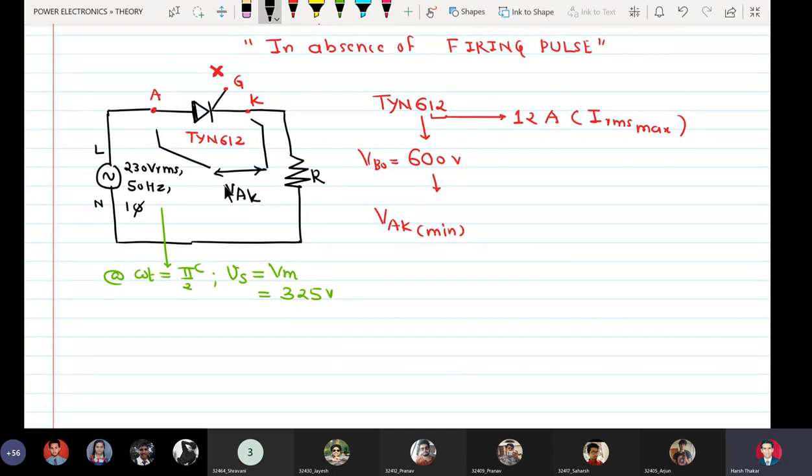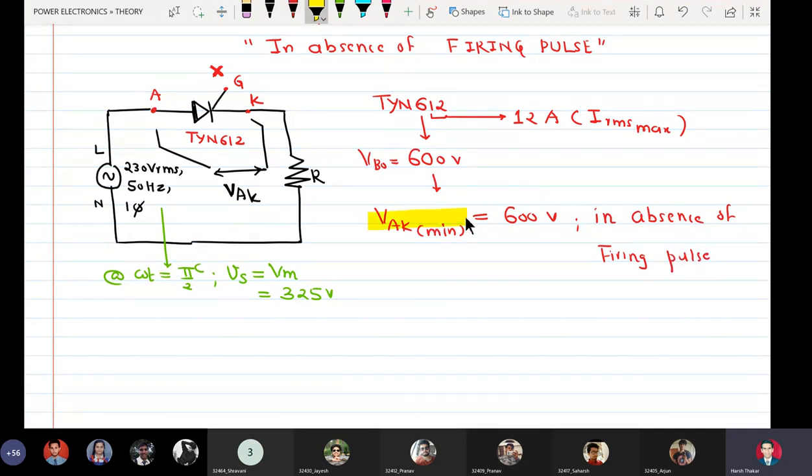So breakover voltage of 600 volts indicates that the minimum voltage which must appear between anode and cathode terminals should be equal to 600 volts in the absence of a firing pulse. So this is the requirement.